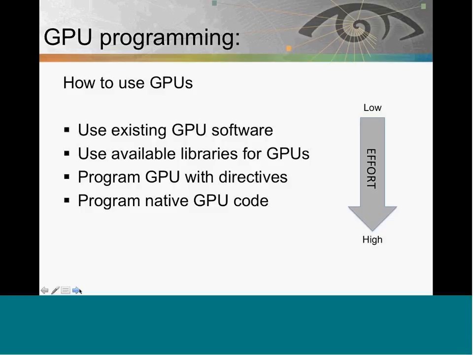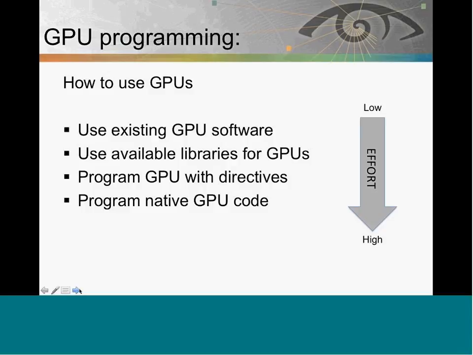Let's say you have the code and you want to plug in some GPU code in it. You can use linear algebra libraries like MAGMA or CUBLAS or CUFFT, and you can easily plug the GPU code into your application.